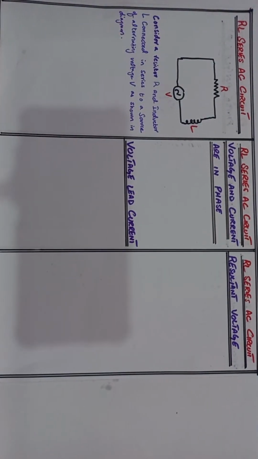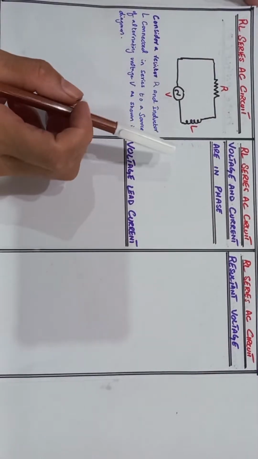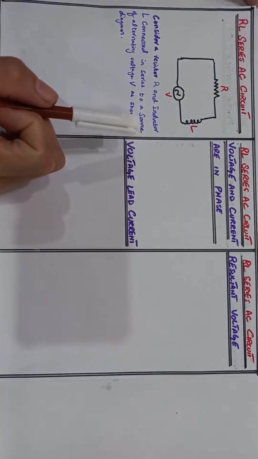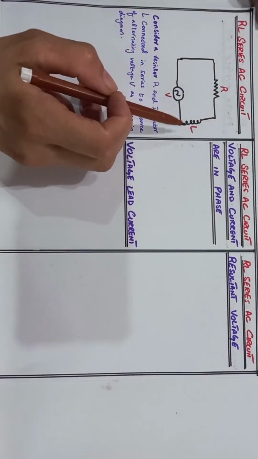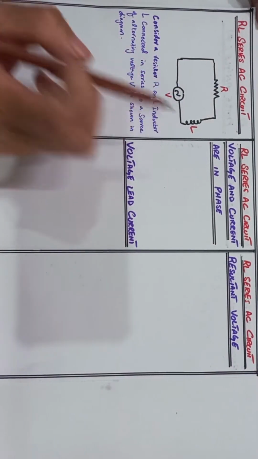What happens when we apply the source to the circuit elements, resistor R and inductor L? When voltage is applied across the circuit, the same current will flow through the resistor and inductor, because both are connected in series.